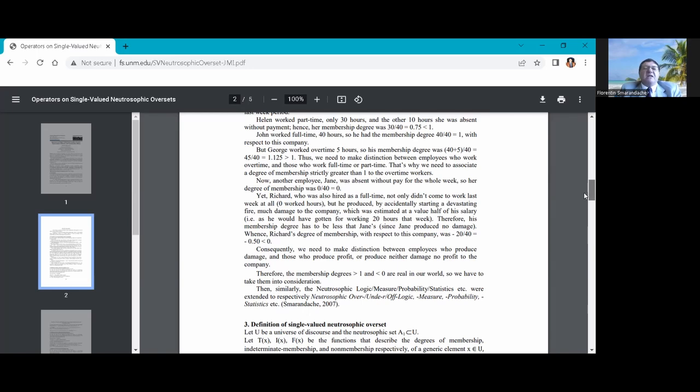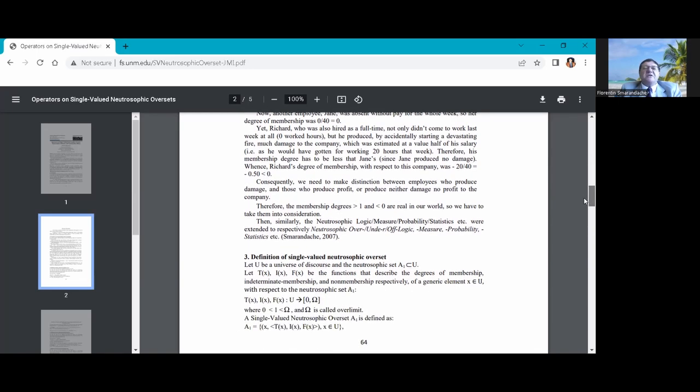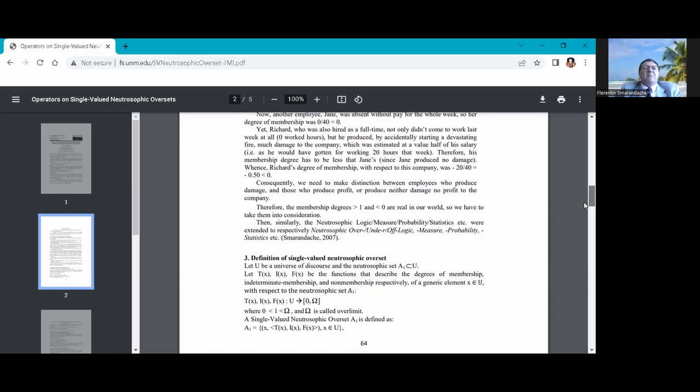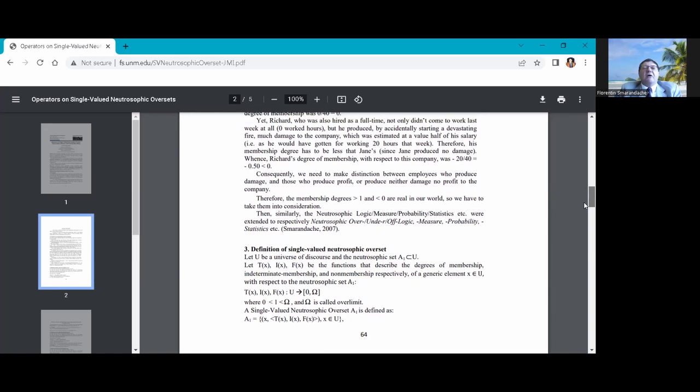Now, let's see, we had another employee for the same company that worked no hours, so was absent the whole time. His membership degree for that week is 0. 0 over 40, it's 0 degree membership. But now let's consider another employee, Richard, who didn't work that time. So his membership may be 0.